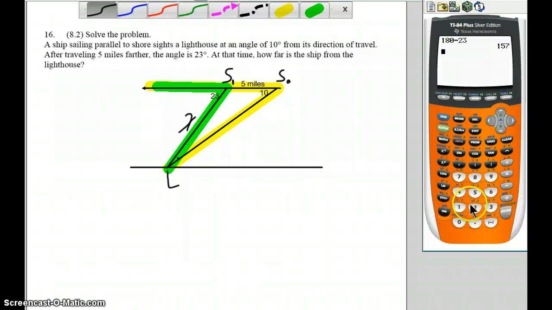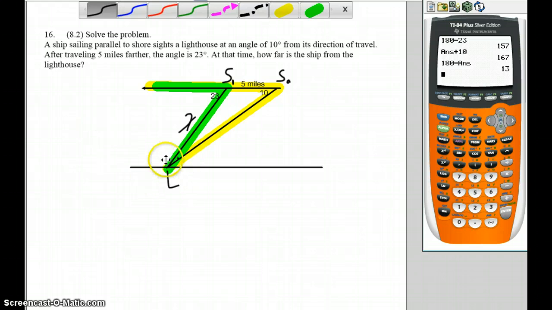So we already know it's 157, and we would add to that 10 degrees, and then subtract that from 180 degrees, and that will give us the measure of the angle down there. So let me do that. So that's a 13-degree angle. This angle right here is 13 degrees.